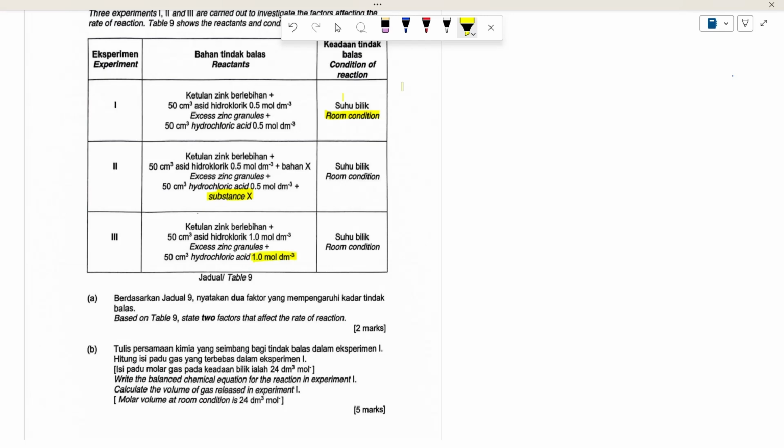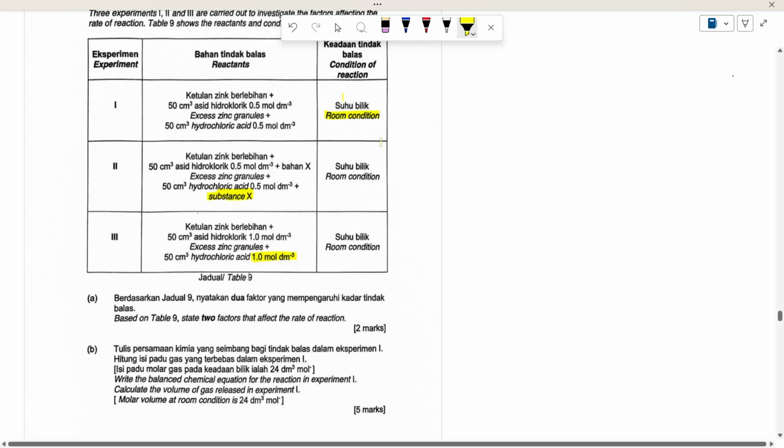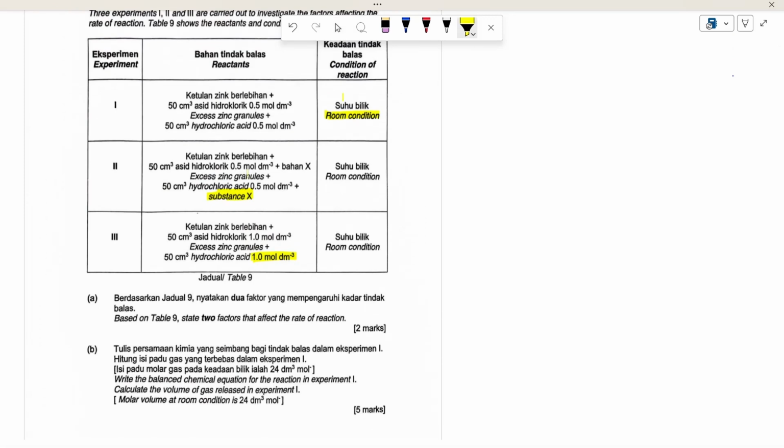So the temperature all are the same at room condition. So based on the table, state 2 factors that affect the rate of reaction here. There are 2 marks, so it is 2 points here.